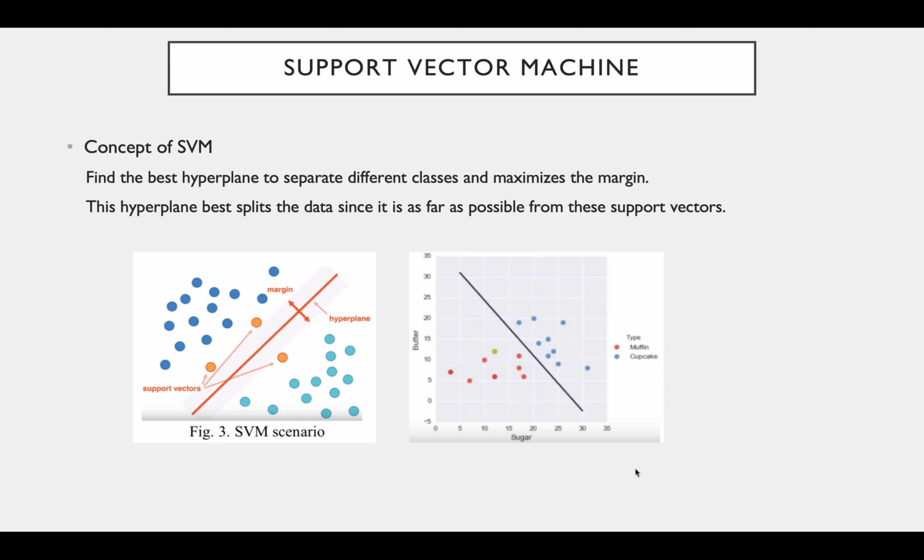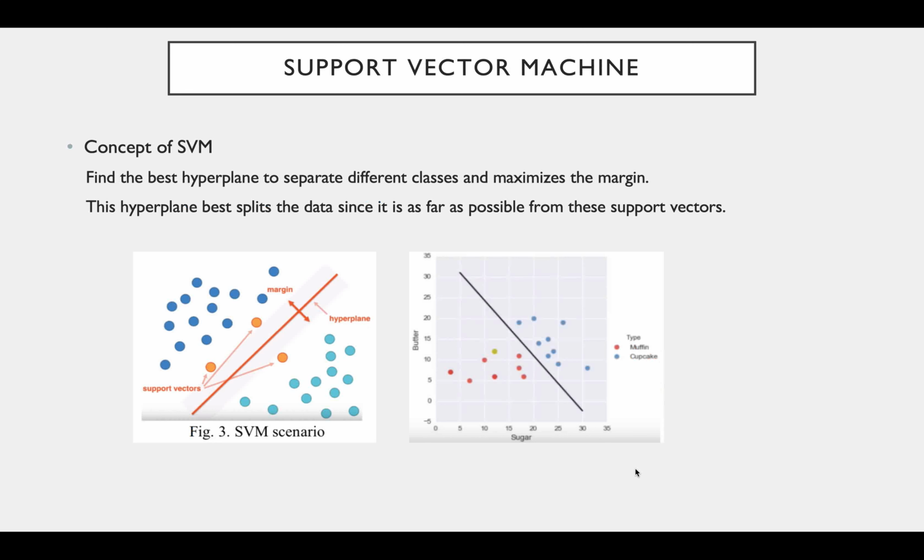So the last algorithm is the support vector machine. The concept of the support vector machine is to find the best hyperplane to separate different classes and maximize the margin. So we can see in figure 3 below, we need to maximize the margin.